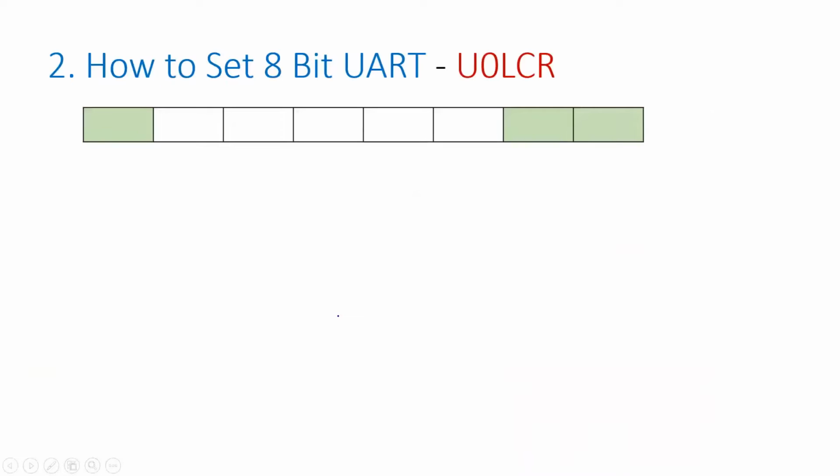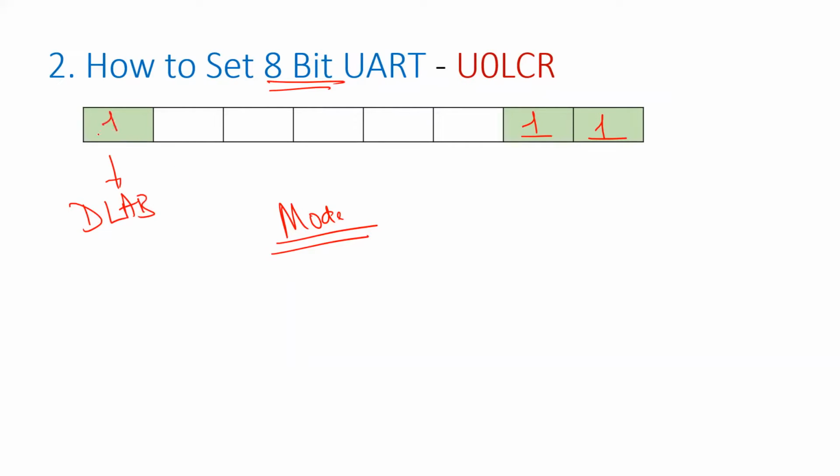The second one is line control register. The line control register will set the mode of UART and the way in which the UART works. So in the UART line control register, the first 2 bits are used for setting the mode. So if I'm interested in 8-bit mode, I have to write a value of 1 here. And the last bit is called the divisor latch access bit, DLAB bit.